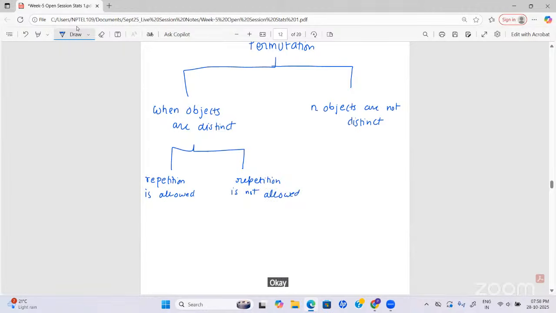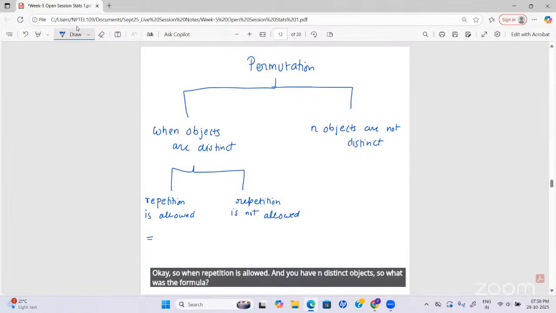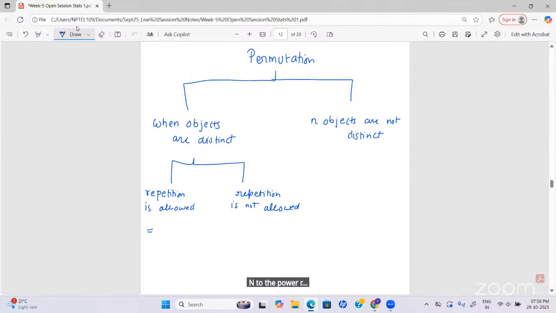When repetition is allowed and you have n distinct objects, what was the formula? It will be n to the power r. You have n objects, you have to select r out of them, you can arrange them and you can repeat them also.